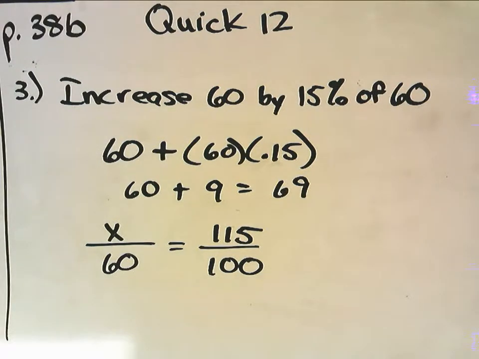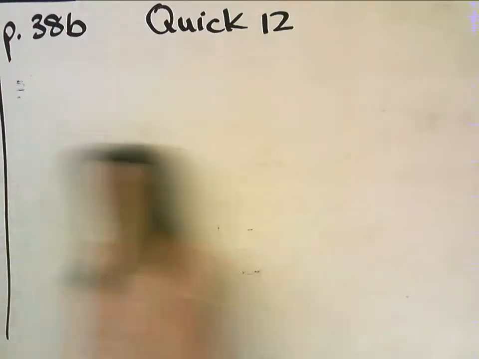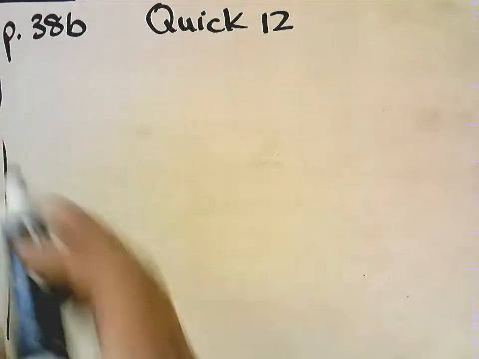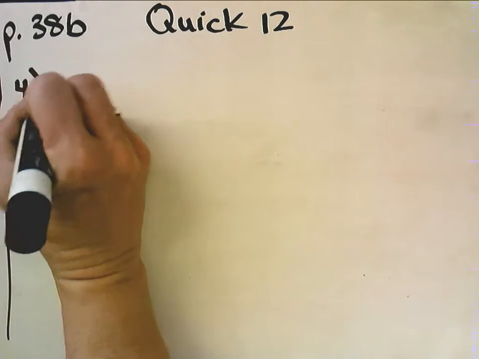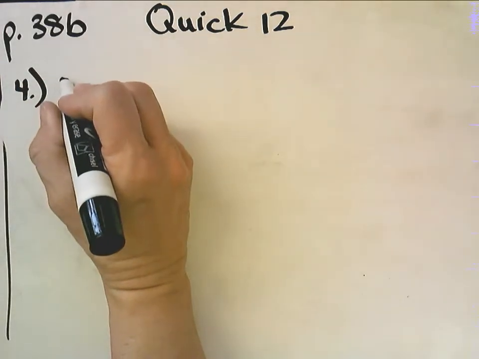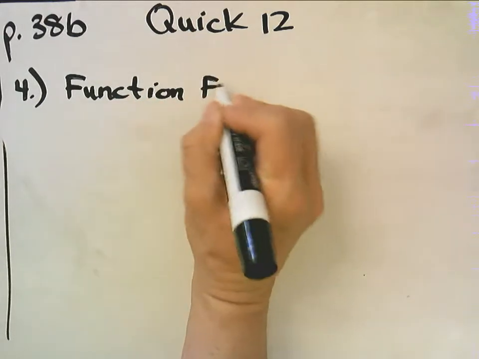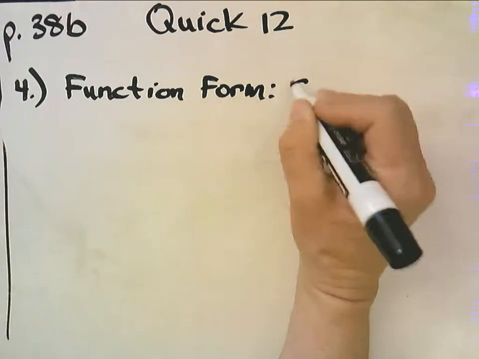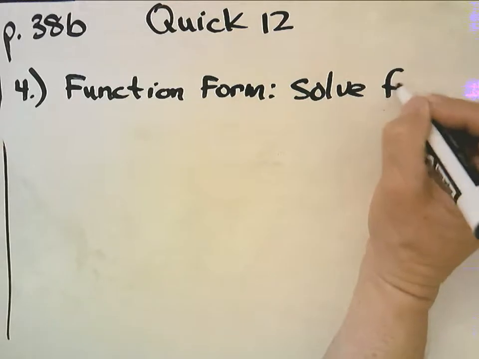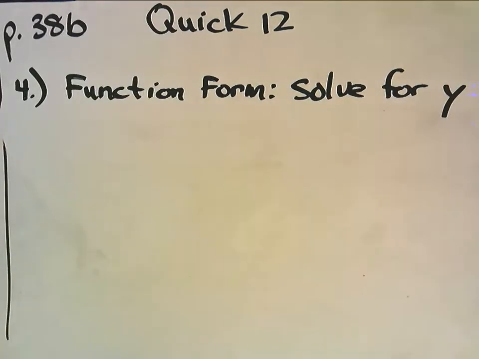Okay, now, the next 3 problems are solving for different variables. Number 4 says put into function form. Well, function form means solve for y. Okay?